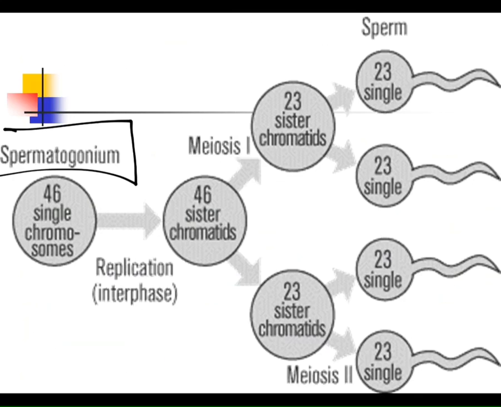In the seminiferous tubules. And even more specifically, where in the tubules? Remember I showed you in the histology that if this were a cross-section of a tubule, in the center you have all the sperm coming into the center, right? Where were those spermatogonia? They were dark staining cells around the outside, weren't they?